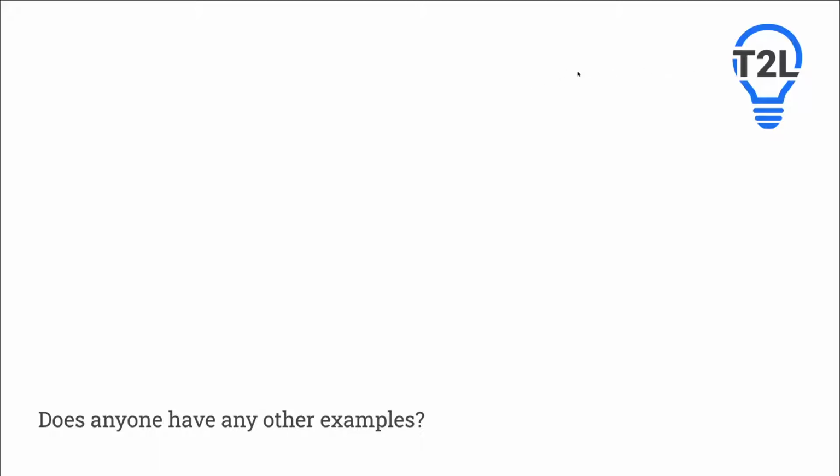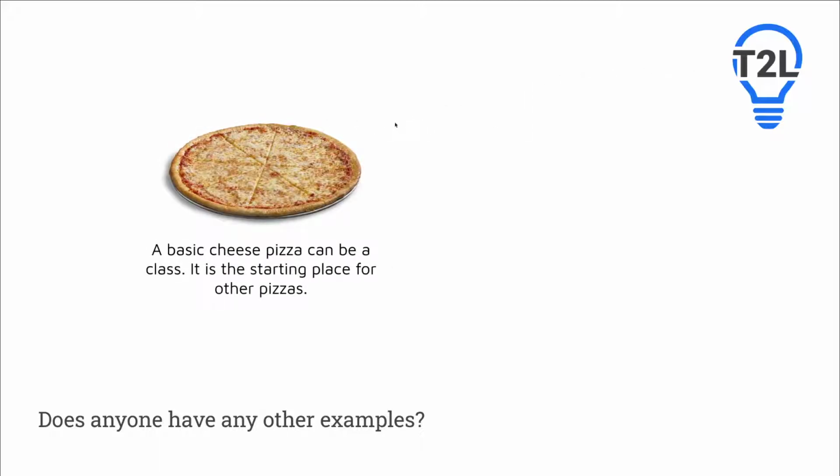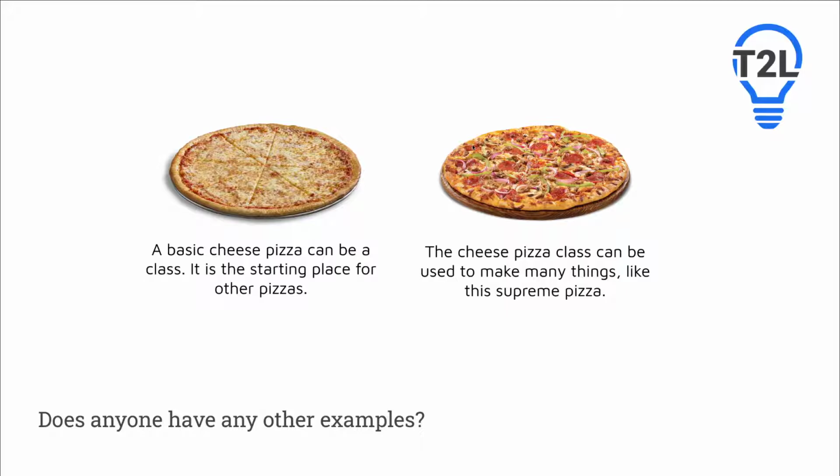But that's fine. So another example could be pizza, right? A basic cheese pizza can be like a class, right? So say we want to get cheese pizza. It's a starting place for other pizzas, right? Because you can get pepperoni on it, you can get mushrooms on it. You can make a supreme pizza, but you don't have to say, oh, I have to add sauce, I have to add bread, yeast, all that to make my supreme pizza.